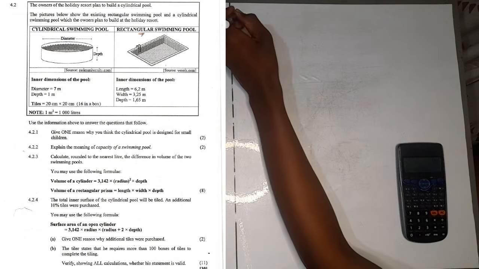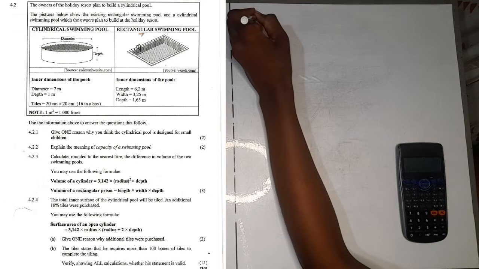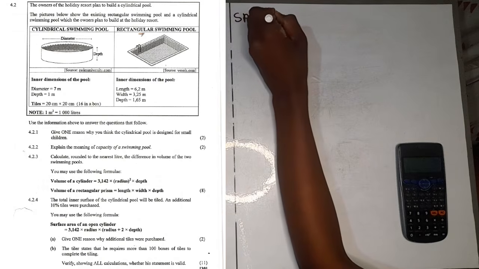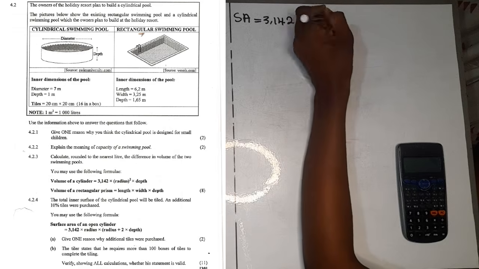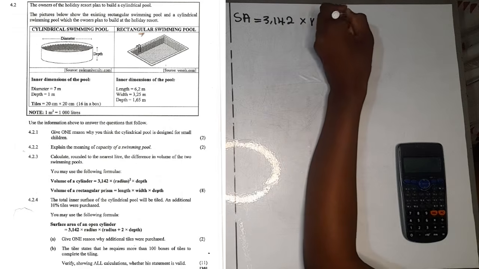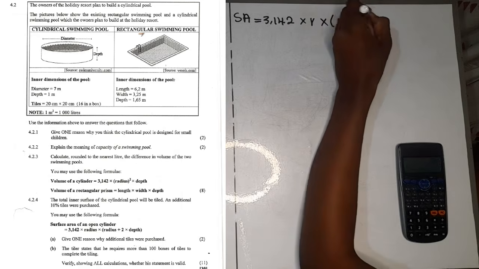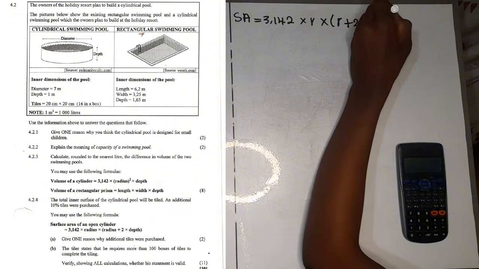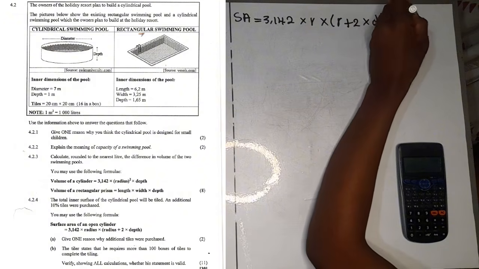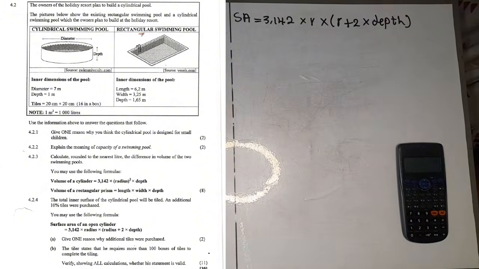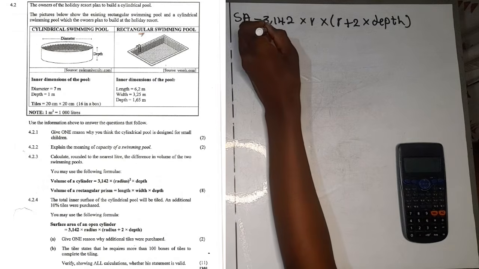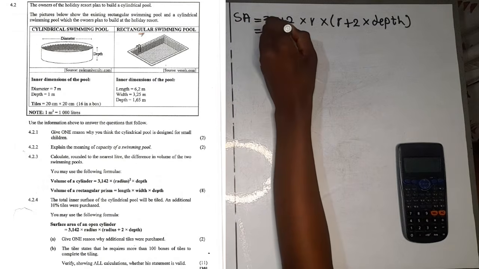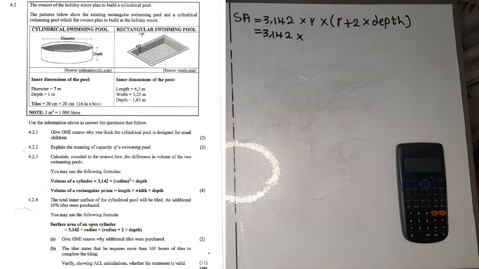So the formula says that surface area equals 3,142, which is pi, multiplied by radius, multiplied by, in brackets, radius plus 2 multiplied by depth of the pool. So this is the formula that has been given to us on the question paper, and we are going to substitute. So it's 3,142 multiplied by the radius.